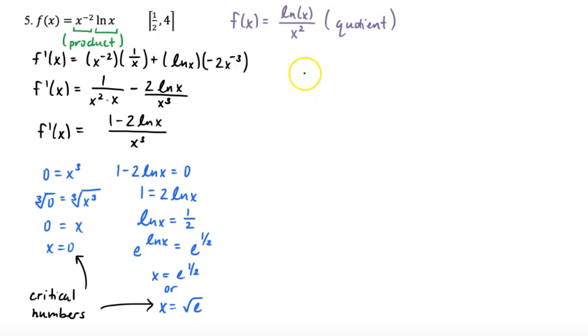I remember that I have to test both of my endpoints and my critical numbers. And I just want to ensure that both of these critical numbers are on the interval, because I don't want to test any critical numbers that are not on the interval. Well, is 0 on this interval from 1/2 to 4? No, it is not.